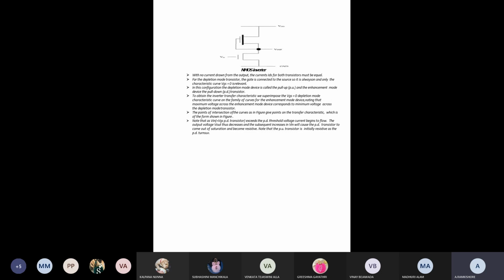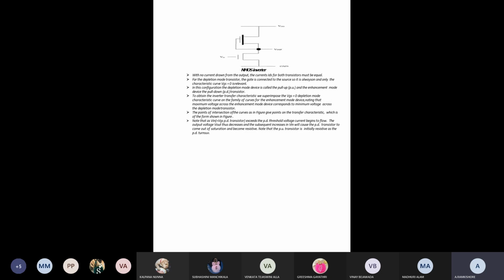So in the NMOS inverter we use both the depletion type transistor and the enhancement type n type transistor.